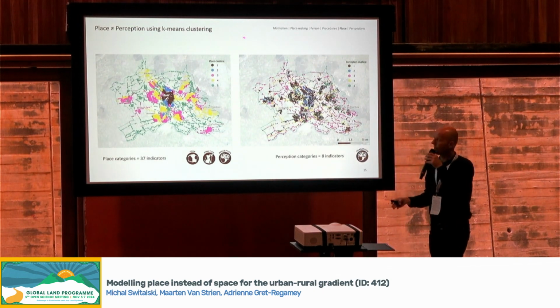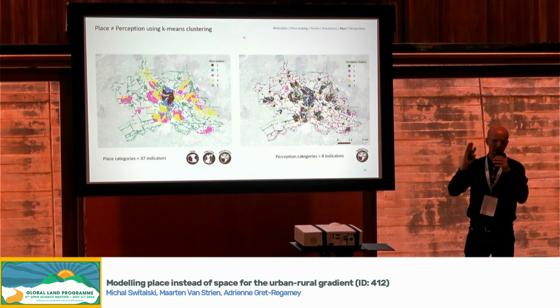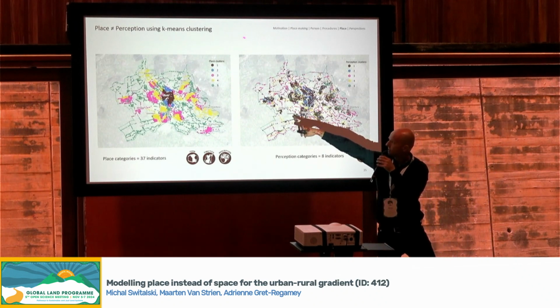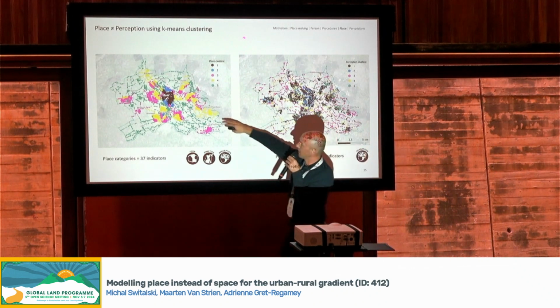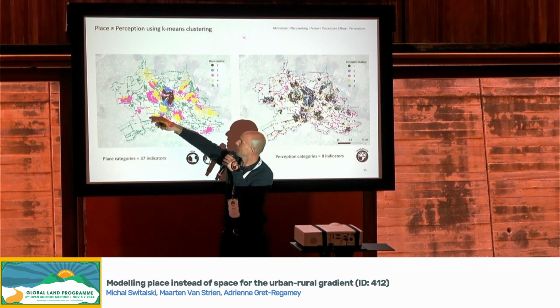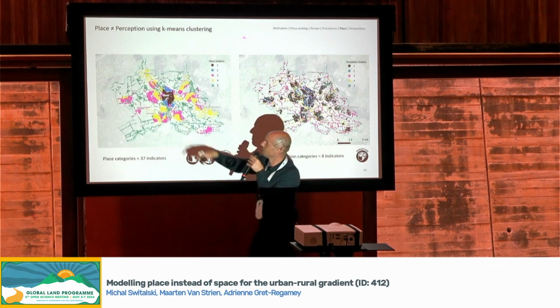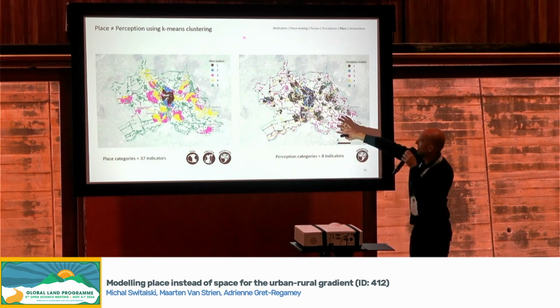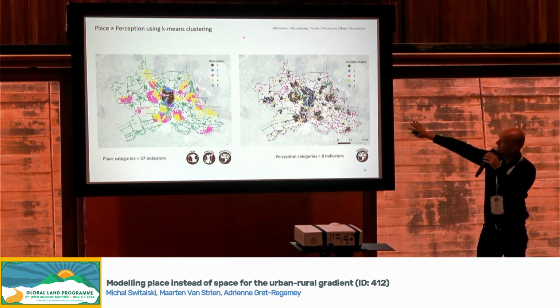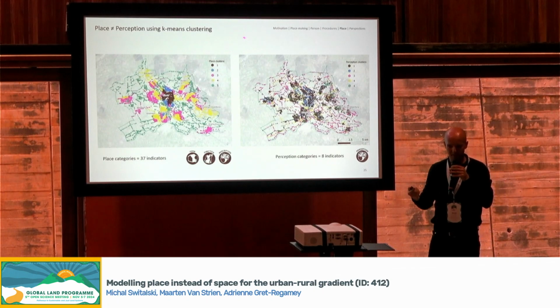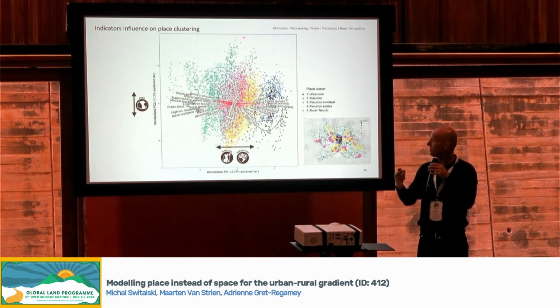On this slide I would like to point out that place is not the same as perception. As we can see here, clustering on place, we find nicely the urban-rural gradient with central areas as well as suburban and peri-urban cores and natural areas, whereas the perception of places is much more heterogeneous, which makes sense because beautiful places can be both an urban area or a park.